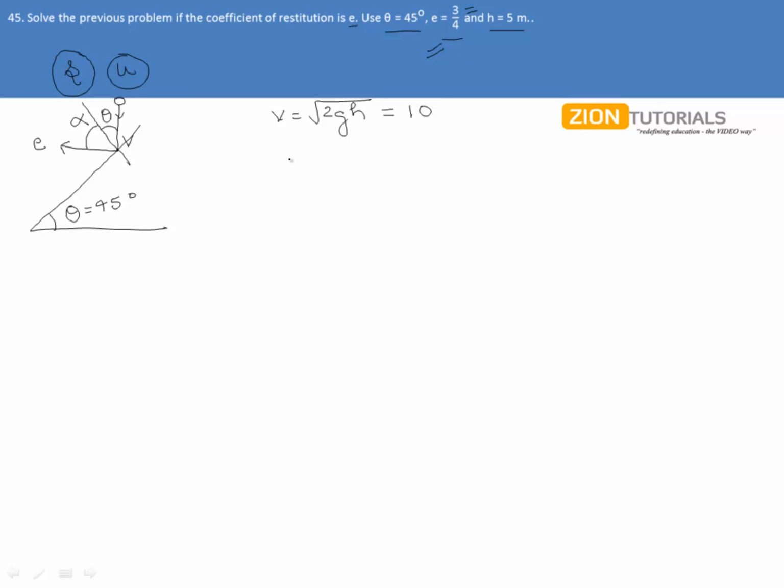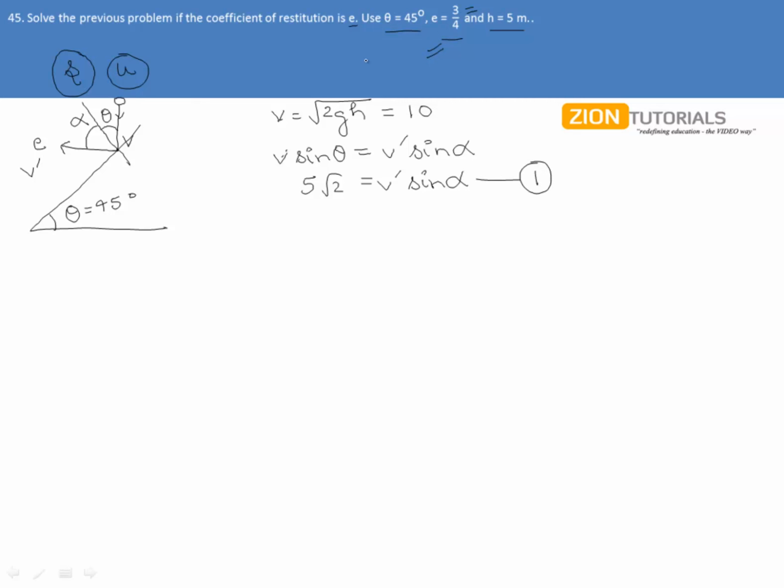So parallel components will be same. So I can write V sine theta equals V dash sine alpha, where V dash is the velocity after the collision. Writing the value of V as 10 and sine theta as 1/√2, we get 5√2 equals V dash sine alpha. Let us mark it as equation number 1.